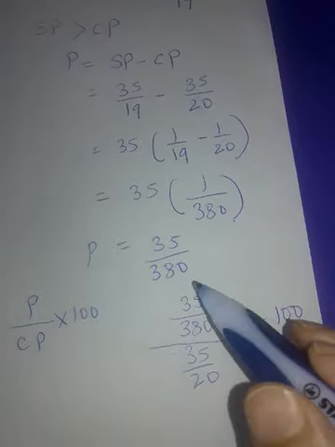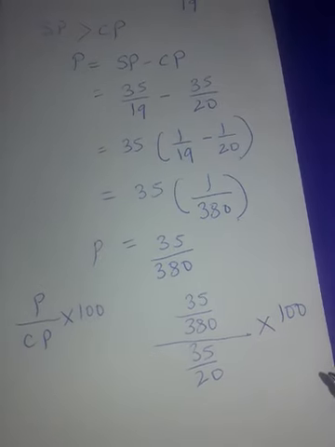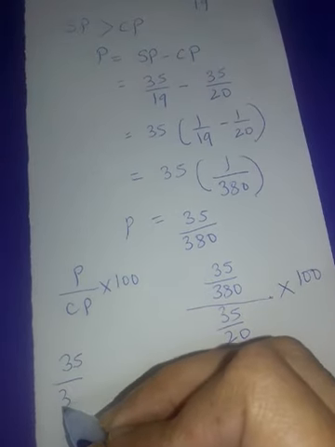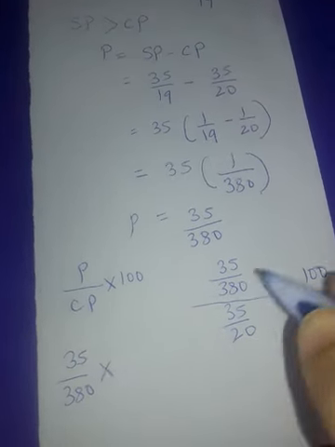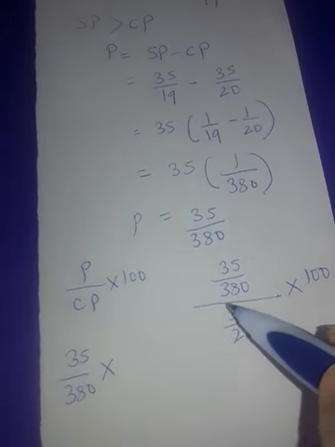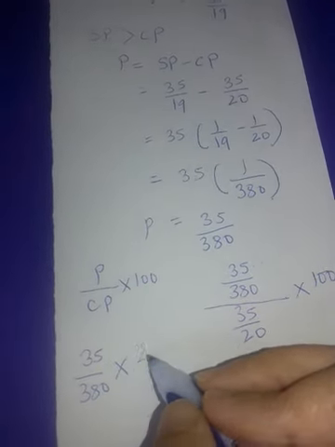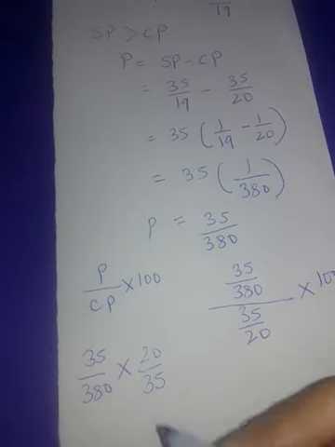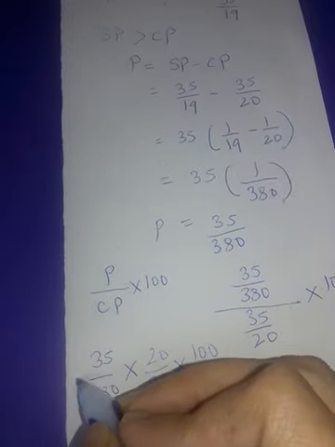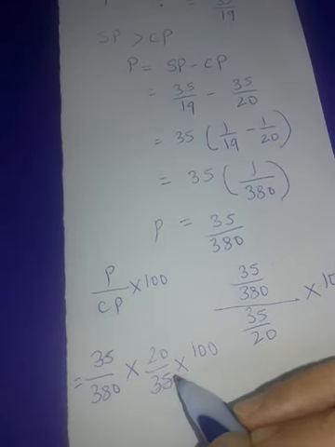How do you perform this division? Division means multiplying by the reciprocal. So 35 upon 380 divided by 35 upon 20. Now division will turn to multiplication and this will turn to its reciprocal. Division means multiplying by the reciprocal. Copy this 100 as it is. 35 is gone.